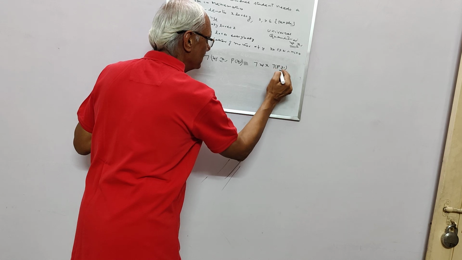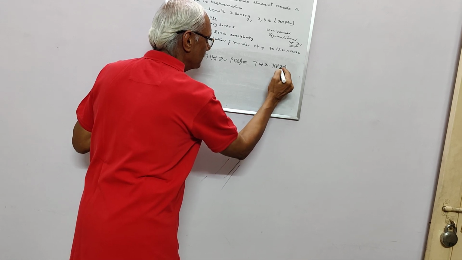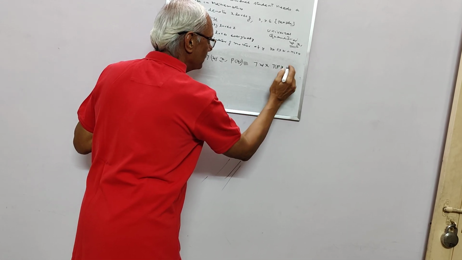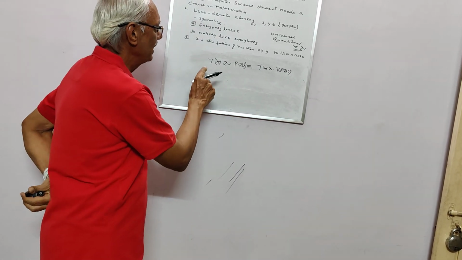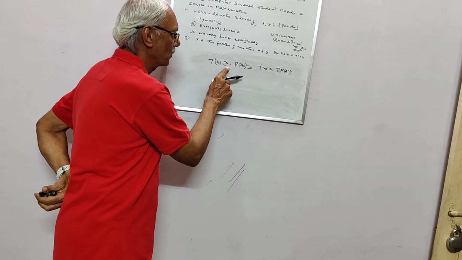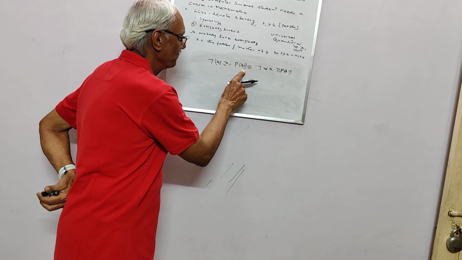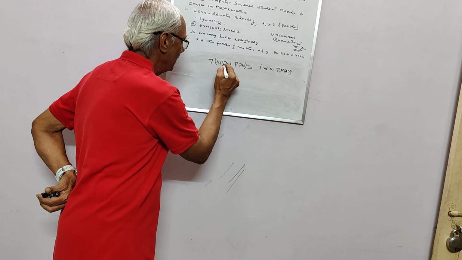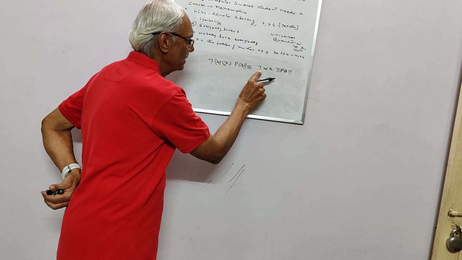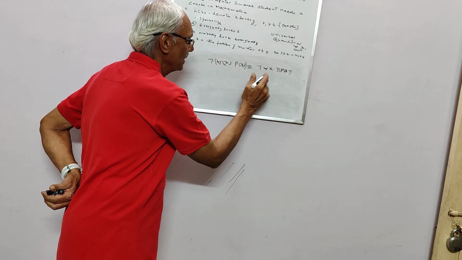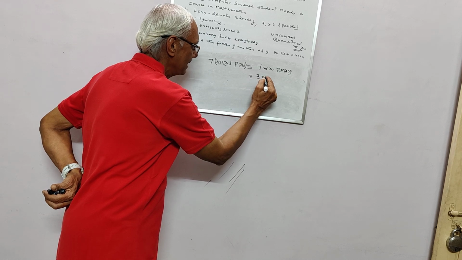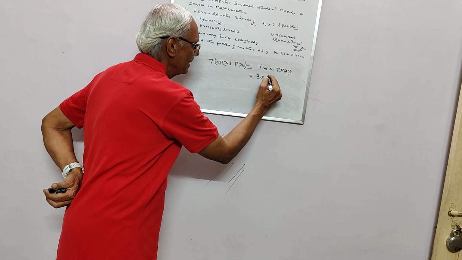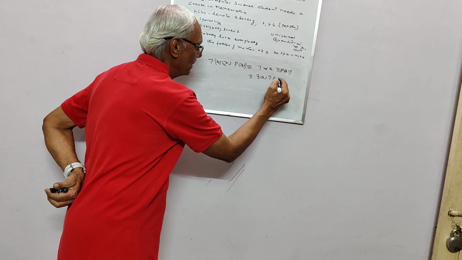How should you write this? Negation of for all x is there exists x and negation of p of x.